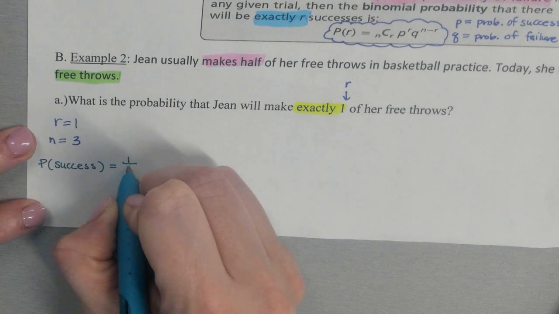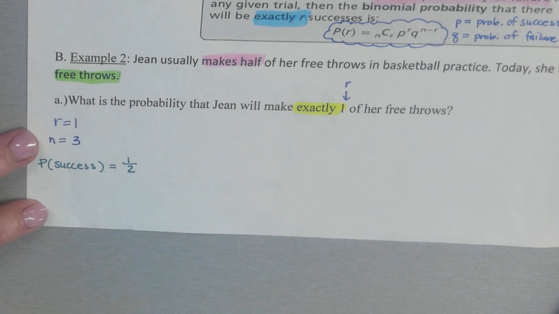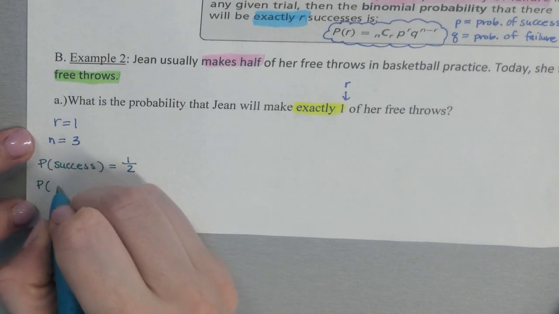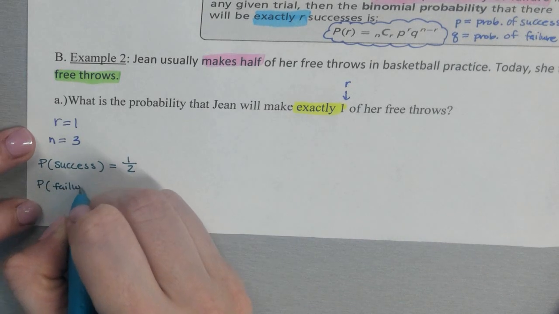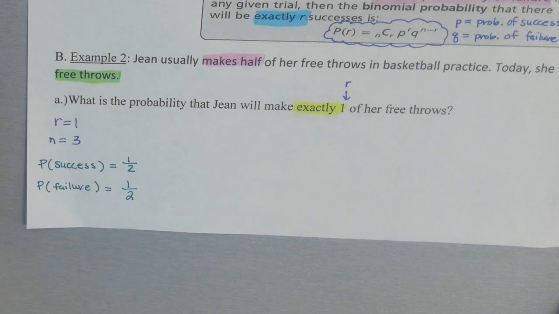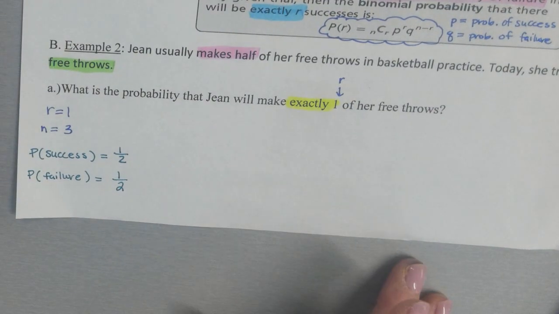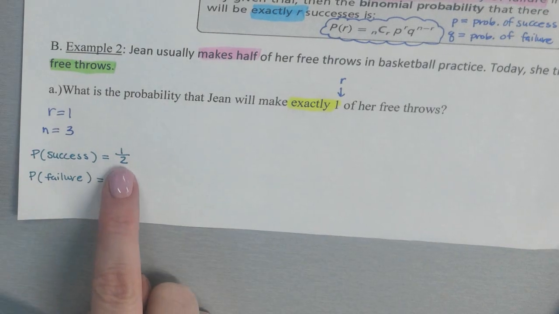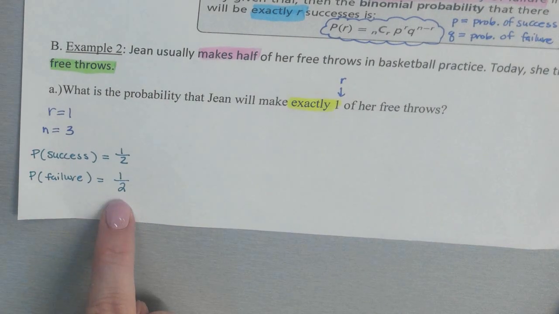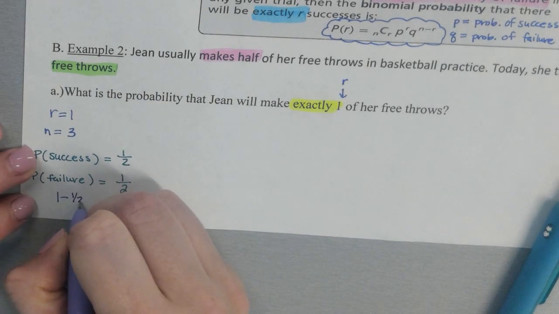So you can use 1/2 or you can use the 0.5. I'm going to use the fraction on this one. Later we will use a decimal. On your homework or on a quiz you can choose. I just want to practice some of those mental math skills for your test coming up. So if the success is 1/2, the failure is 1/2. You find that by doing 1 minus 1/2.